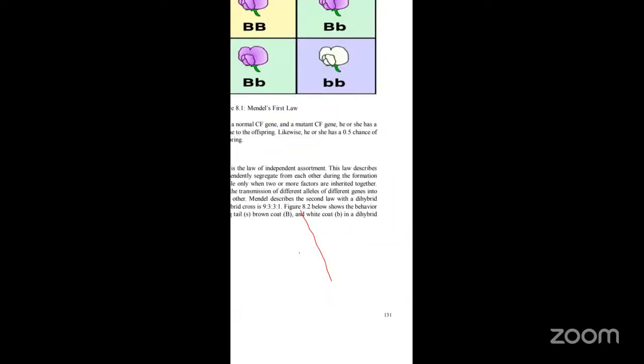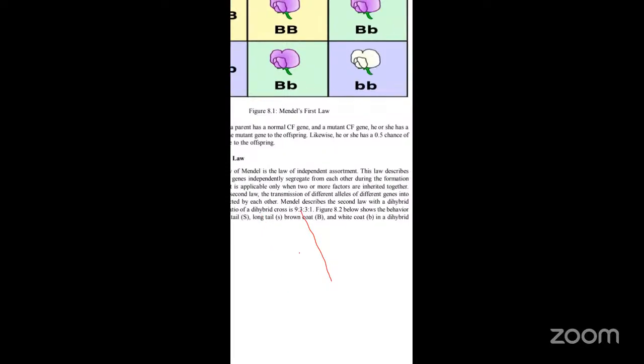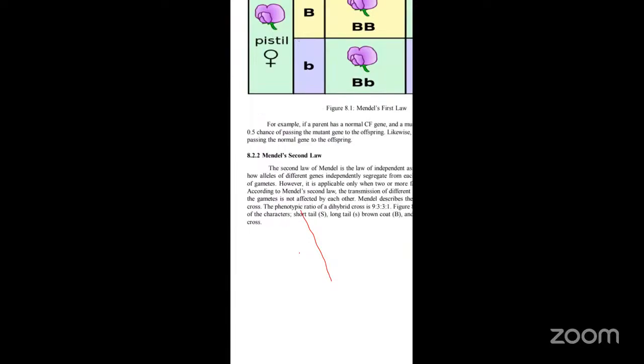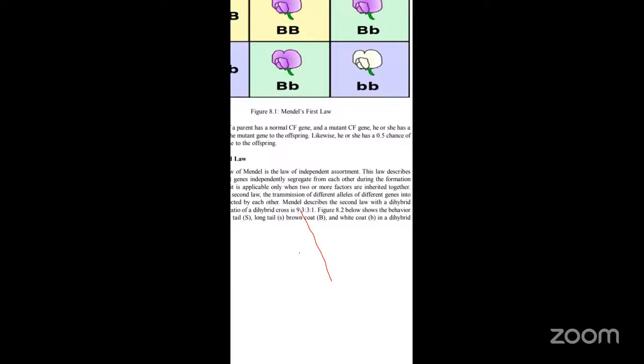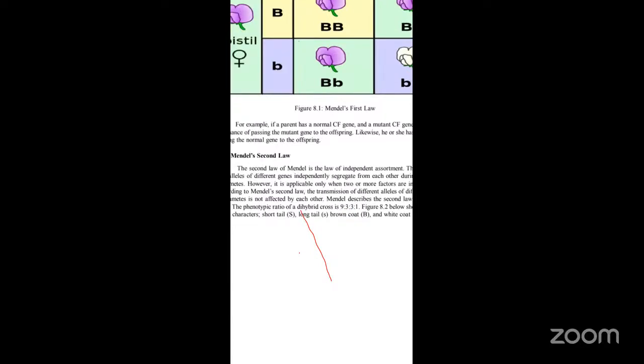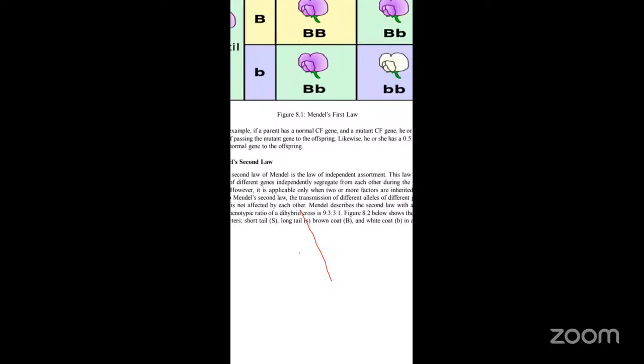Mendel's second law is the law of independent assortment. This law describes how alleles of different genes independently segregate from each other during the formation of gametes. However, it is applicable only when two or more factors are inherited together.